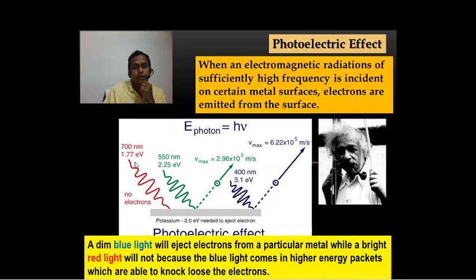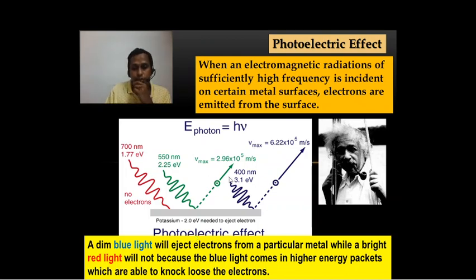See the potassium metal surface. The minimum energy required to eject an electron from the metal surface is 2 electron volt. What happens in the case of blue light? It has an energy of 3.1 electron volt, which is well above 2 electron volt.